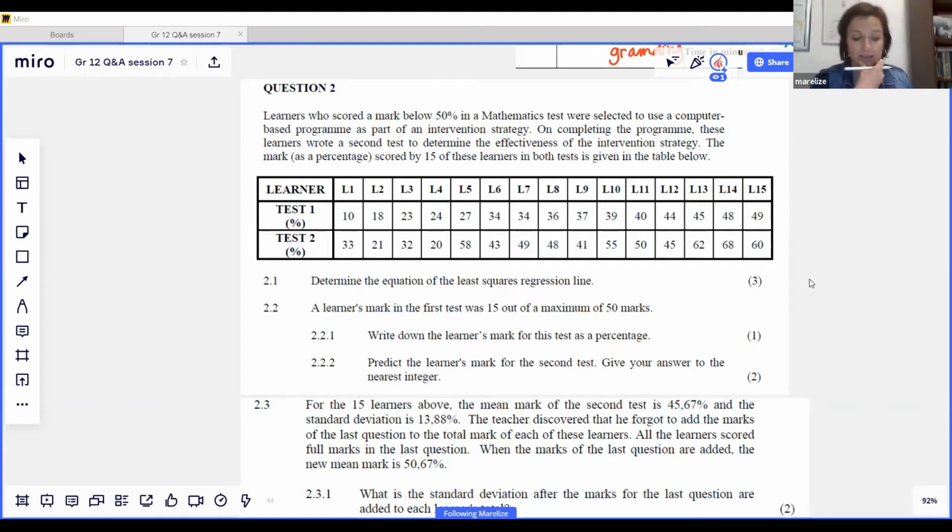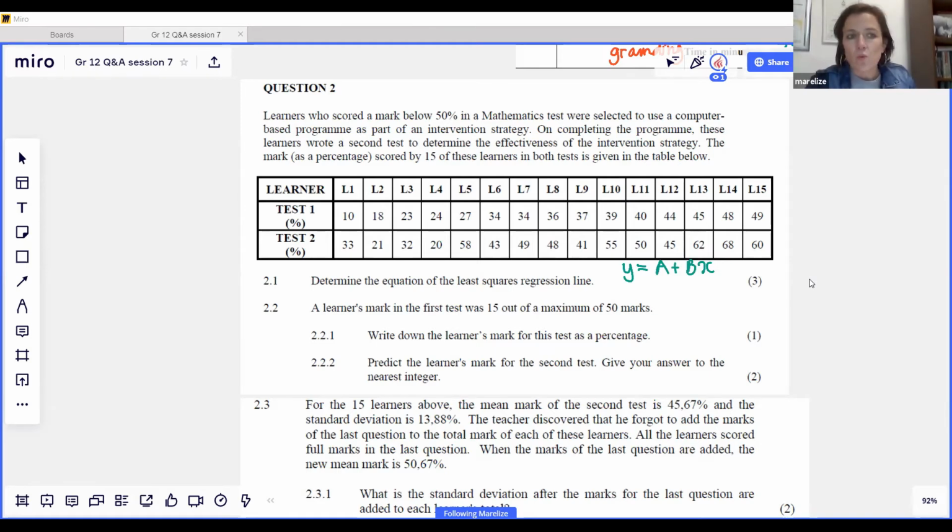That is the one we're looking for. So on your calculator, also look for the option that says A plus BX, because that is the regression option, because our regression line is always in the form A plus BX. That just looks like a straight line, right? Just with a different order.